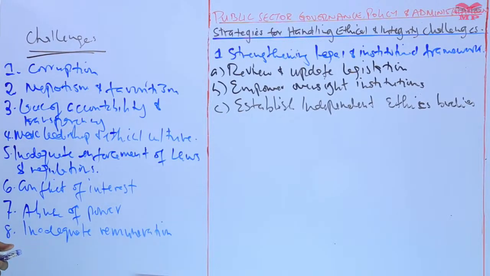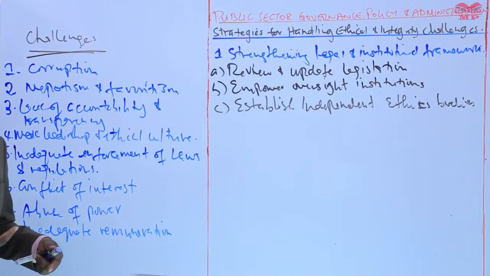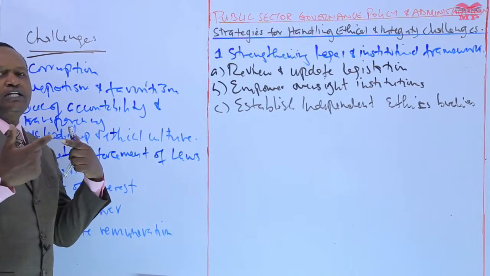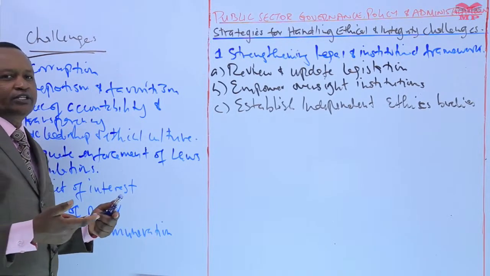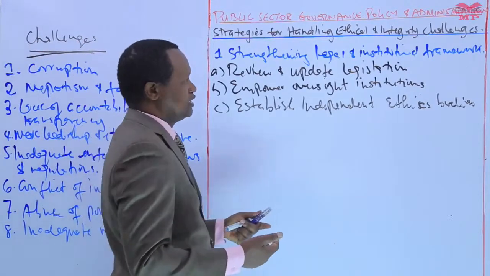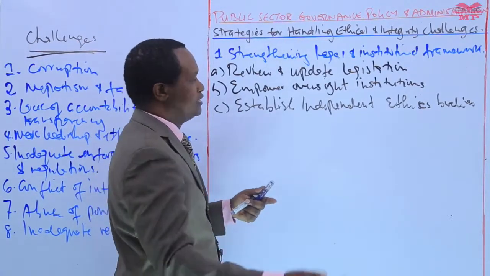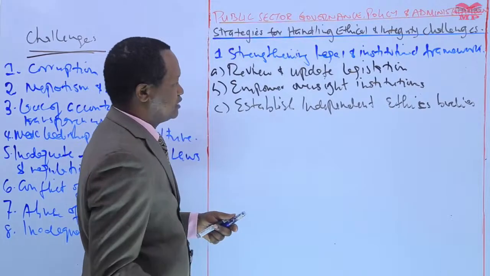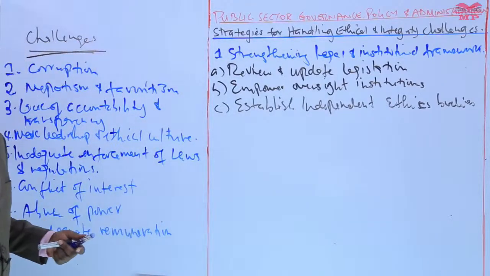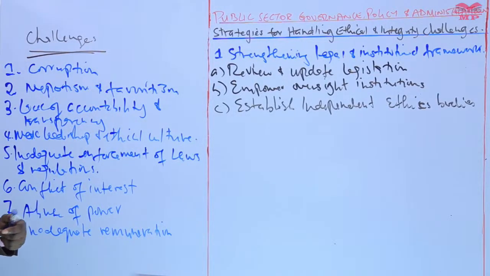Independent ethics bodies can provide impartial advice and guidance on ethical issues. They can investigate allegations of misconduct and recommend appropriate action. In Kenya, at least we have the EACC, which is an independent ethics body. That's how to strengthen legal and institutional frameworks.